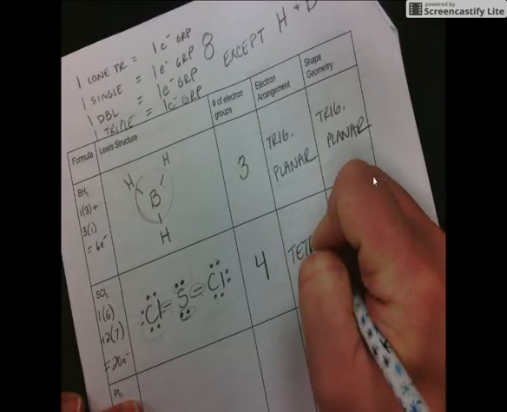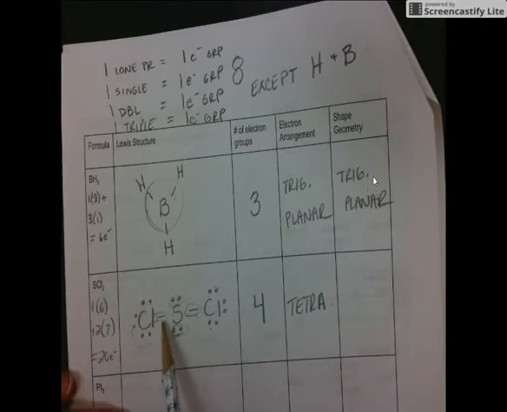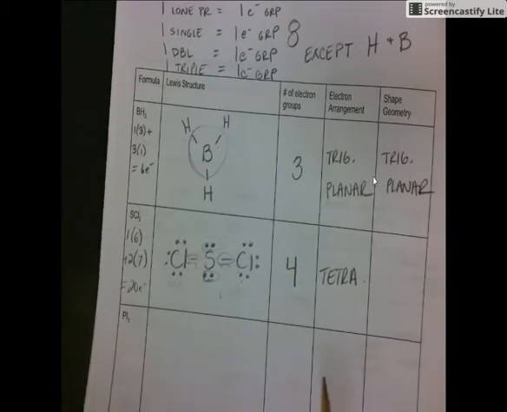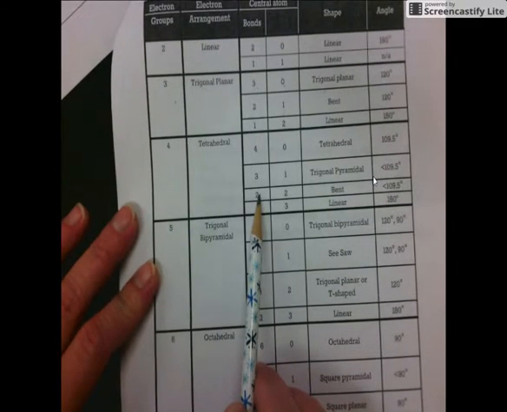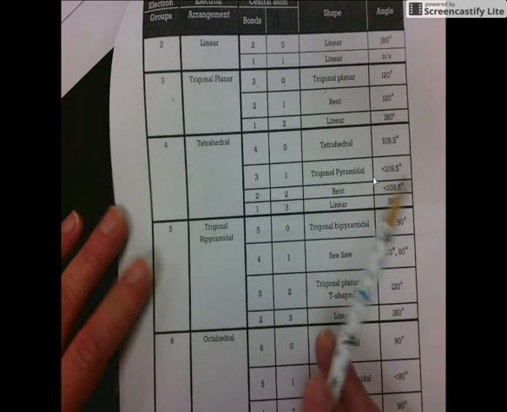So all right, tetrahedral. And now in terms of shape, notice how I had 2 bonds and 2 lone pairs. So if I look at my chart, I had 2 bonds and 2 lone pairs, so my shape is actually bent.